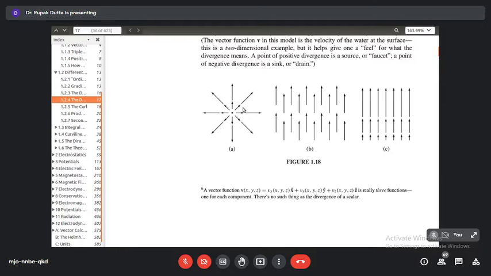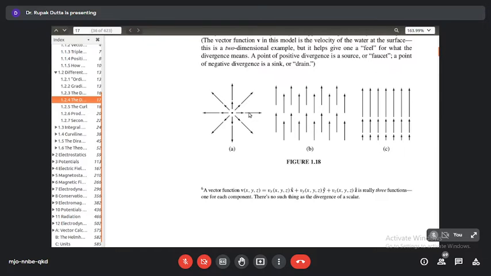Understood? Yes, sir. So in that sense, it will be actually negative divergence. Although it is diverging, as you go away from this point, the magnitude is decreasing, right? As a function of x, y, z.